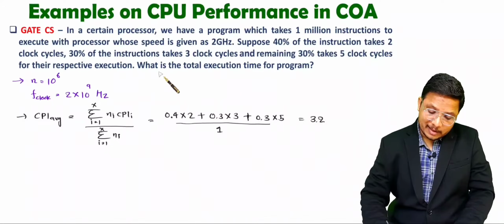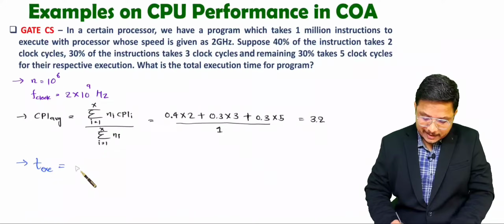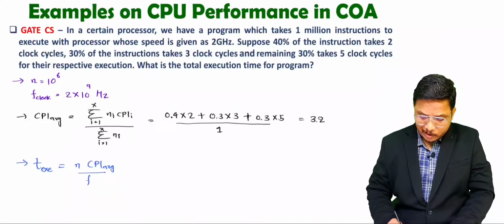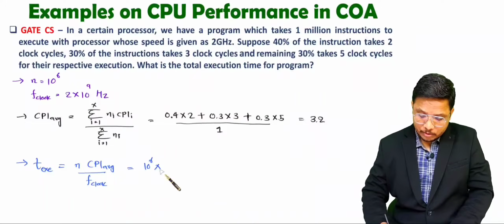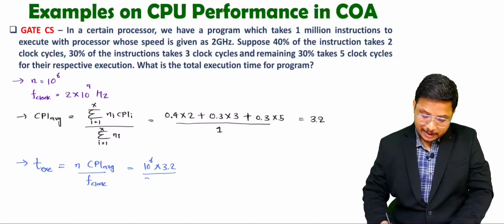Now we can easily calculate total execution time. Total execution time is number of instructions into average CPI divided by clock frequency, right? So here, how many instructions are there? 10 to the power 6, into average CPI 3.2, divided by what is the clock? That is 2 GHz, so 2 into 10 to the power 9.